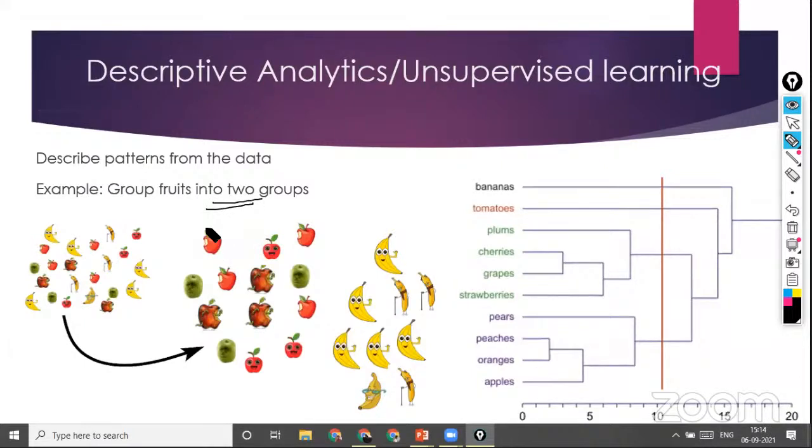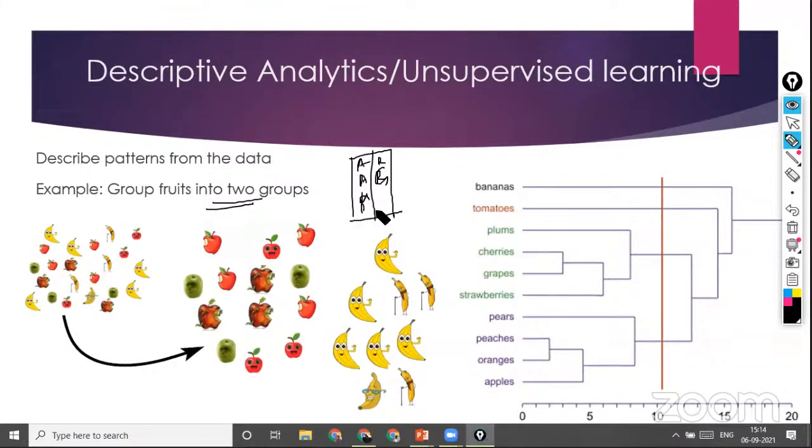In the case of supervised learning, you have some information about your data, like apples and bananas, with color: red, green for apple, and yellow for banana.